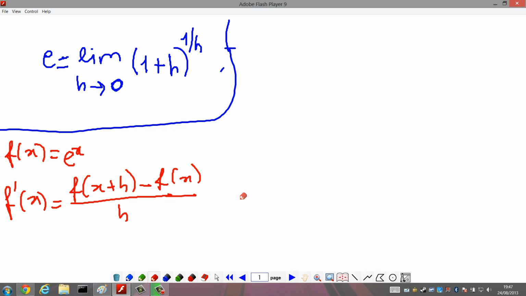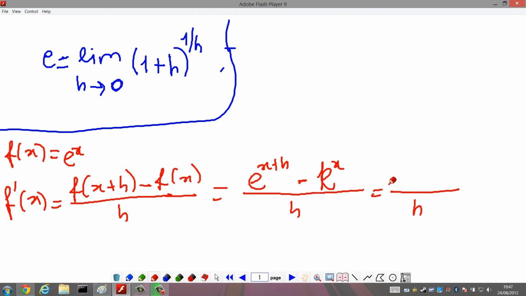And if you substitute it by the actual function, it's e to the x plus h minus e to the x. It's the same thing as saying e to the x times e to the h plus e to the x.